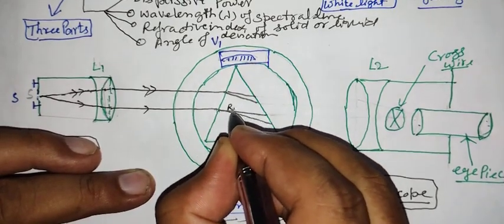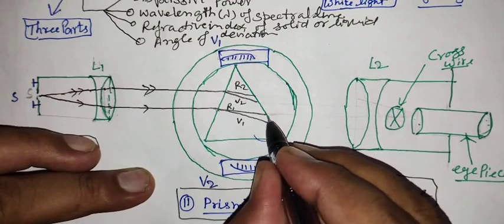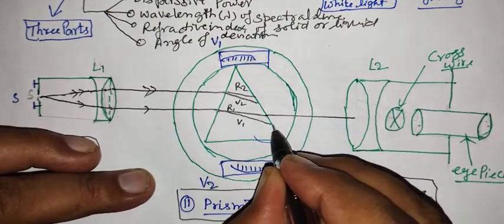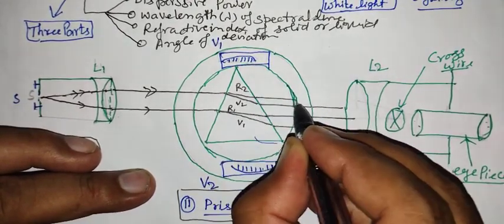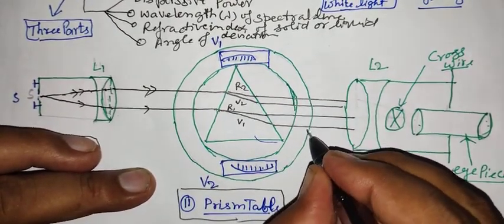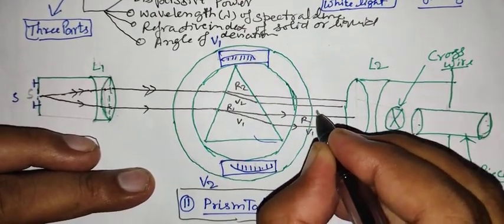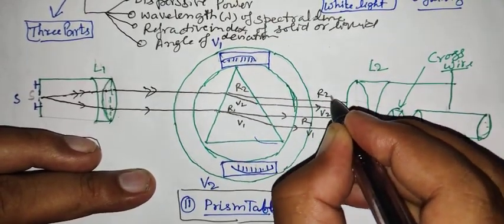V1, R1, V2, R2. After refraction, they move parallel. See the colors V1, R1, V2, R2.